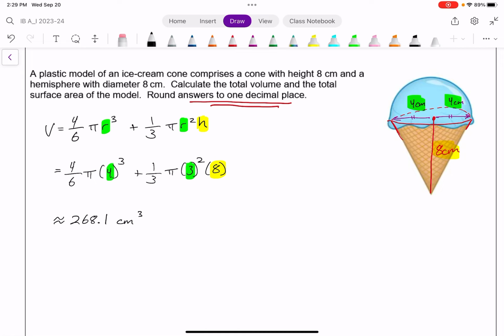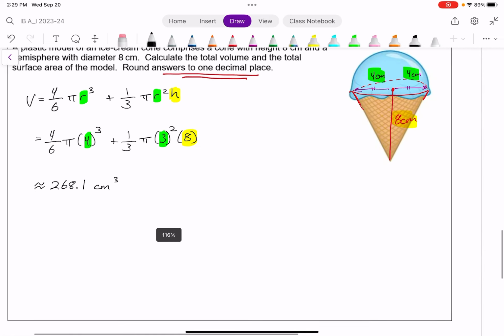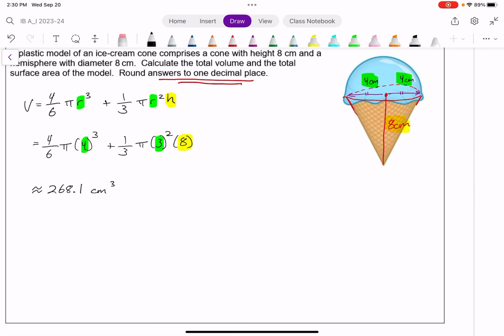And surface area will be a little bit more work, which is fairly typical. The surface area of this composite shape is the hemisphere, which again, a full sphere is 4 pi r squared. I have just half of that, so chop that in half.